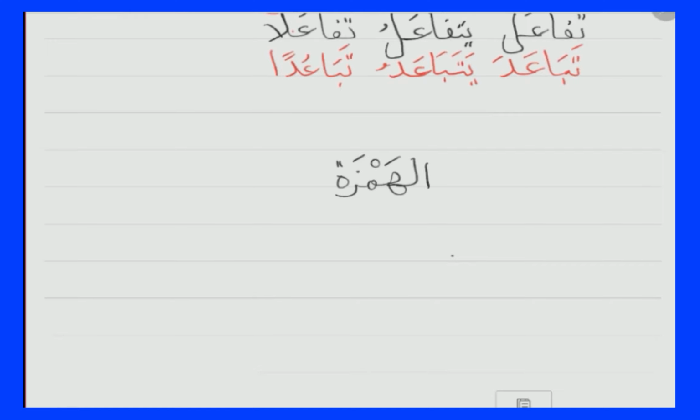This letter, hamza, mashallah, has a very small character, right? That little character there. This hamza is a big player. Hamza has so much stuff going on with him. So he's a small guy, but he's not to be taken lightly.